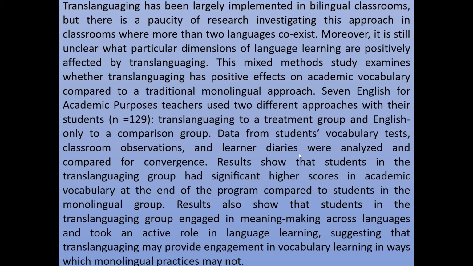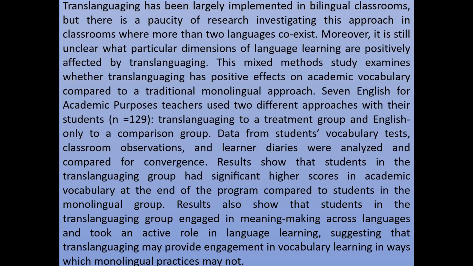Translanguaging has been largely implemented in bilingual classrooms, but there is a paucity of research investigating this approach in classrooms where more than 2 languages coexist. Moreover, it is still unclear what particular dimensions of language learning are positively affected by translanguaging.